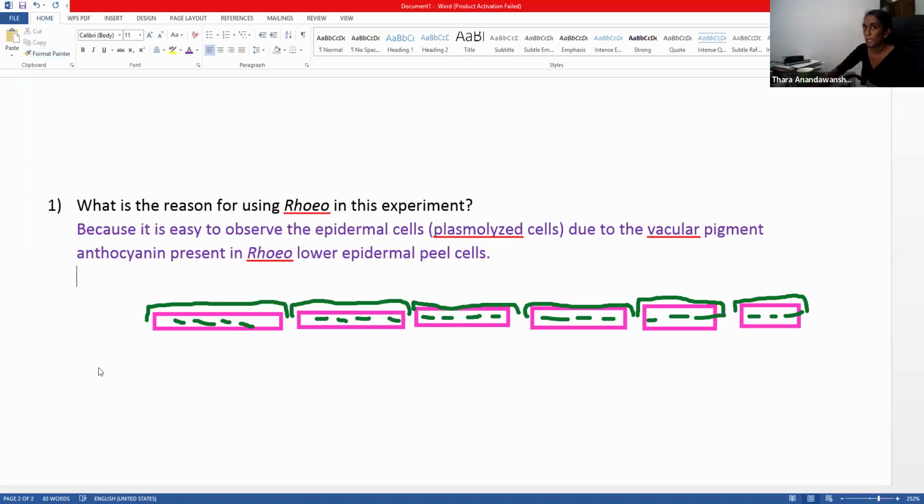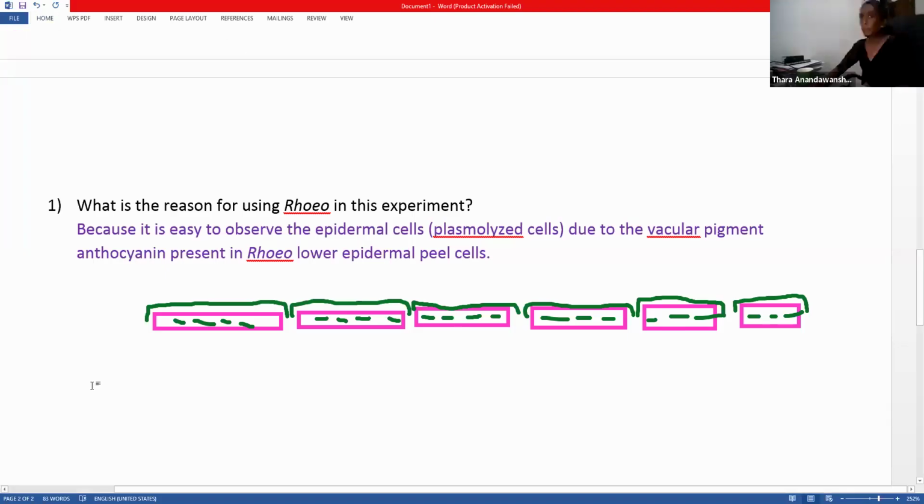The reason is this: if the epidermal peels come to an equilibrium with the environment, our experiment goes wrong. Right? Ensure that the epidermal peels are coming to an equilibrium with the given solution. Write the answer there.